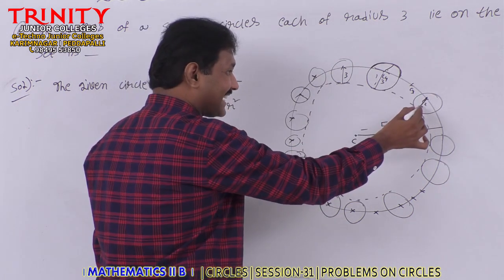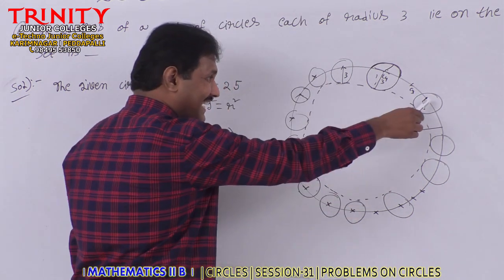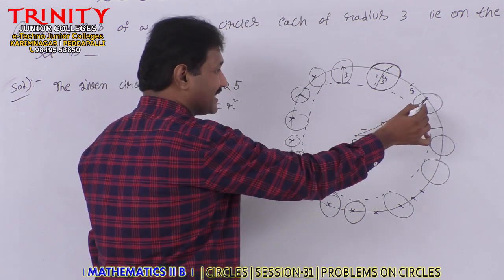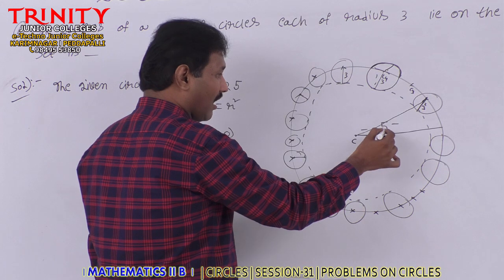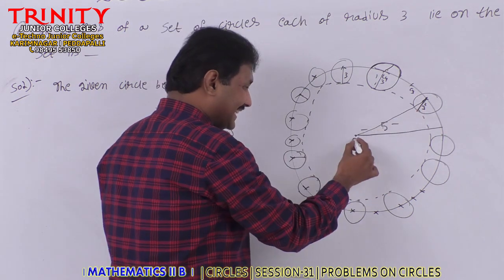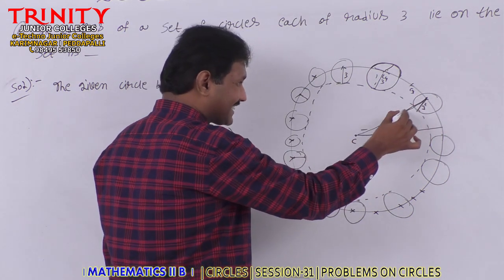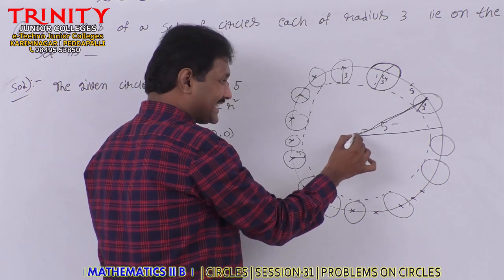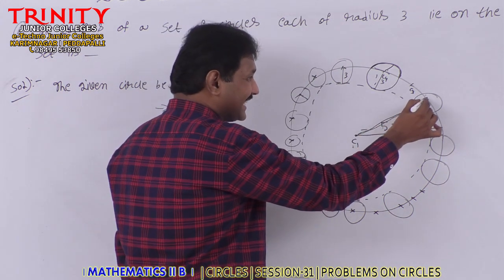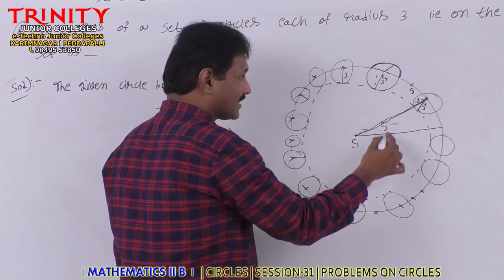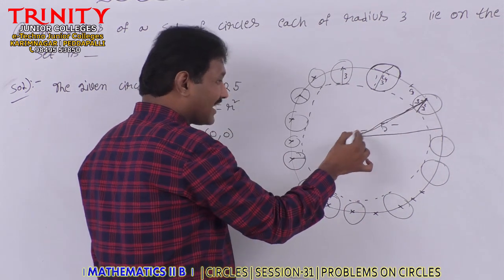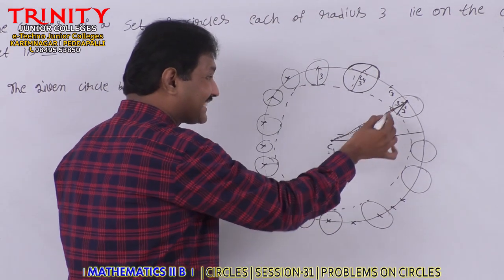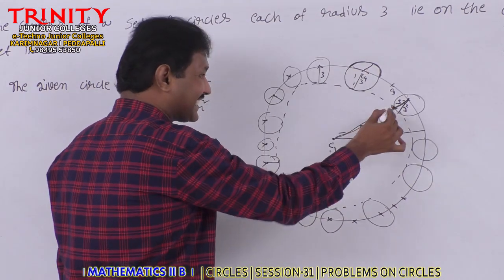The distance is 3. Here the total distance is 5. Suppose this is R2, and this is R1. This is the center of the first circle, this is the radius of the first circle. This is R2, 3 units. This distance is equal to R1 minus R2.